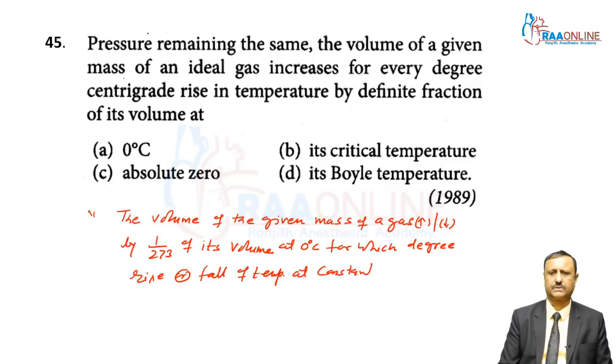So this is Charles law, and according to this you go to answer A. Pressure remaining the same, the volume of a given mass of ideal gas increases for every degree centigrade rise in temperature by a definite fraction of its volume at 0 degrees Celsius at constant pressure. And this law is called Charles law.